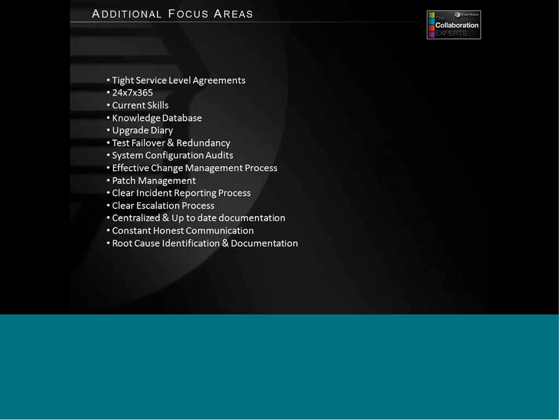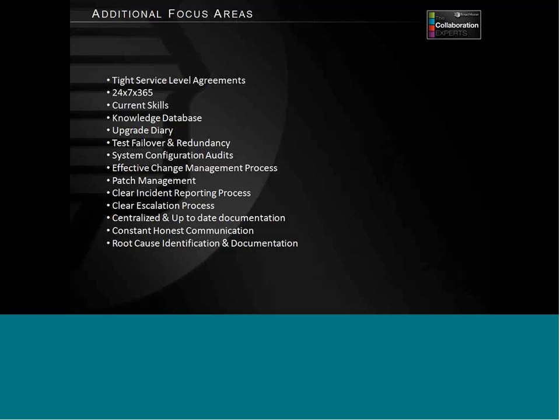The next is an upgrade diary, what we would call an upgrade diary, which is exactly what it says, and that is basically scheduling ahead of time the upgrades of your systems. And this, again, is, well, why are you telling me that? That's very straightforward.